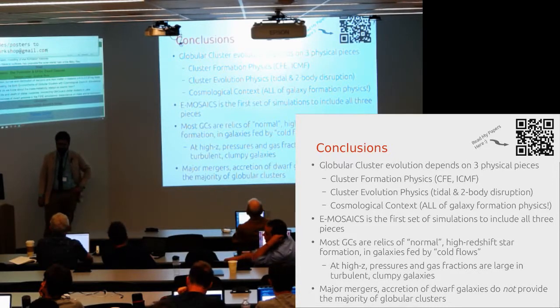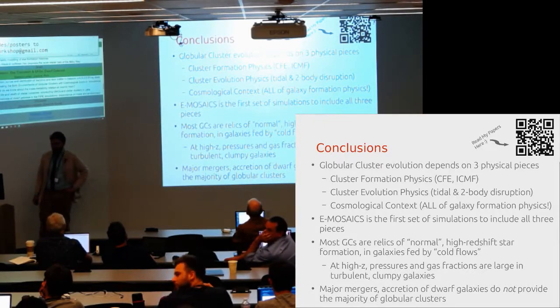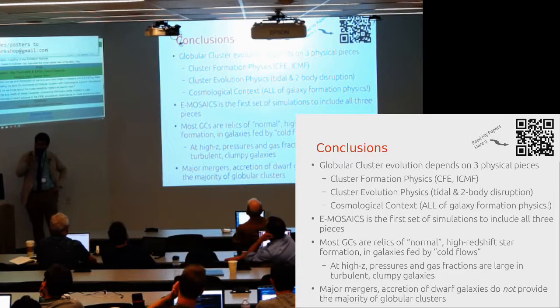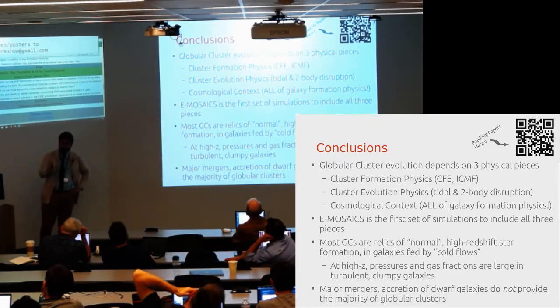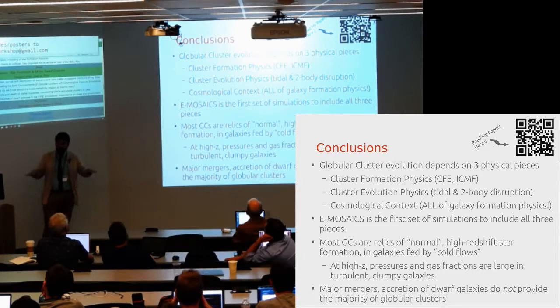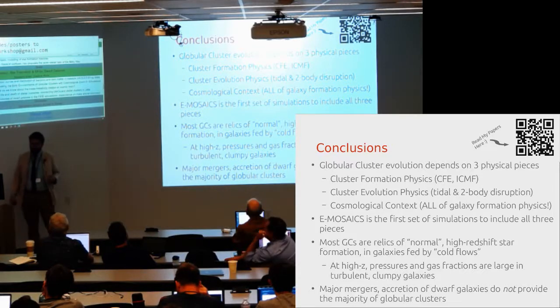Now, especially since you were looking explicitly at where globular clusters are forming, do you imagine that will change dramatically? Absolutely. And it'll also really heavily impact the evolution, too, because these smooth, effective equations of state smear out your ISM, which means you don't get quite as dense globular clusters, which will reduce the impact of tidal shocks. We suspect that the tidal shocks from the ISM are too weak in E-MOSAICS.